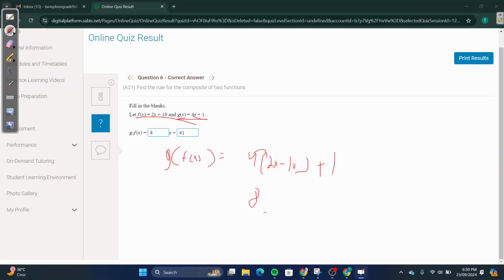So 8x plus 40, plus 1, which gives 8x plus 41. That's our final answer.